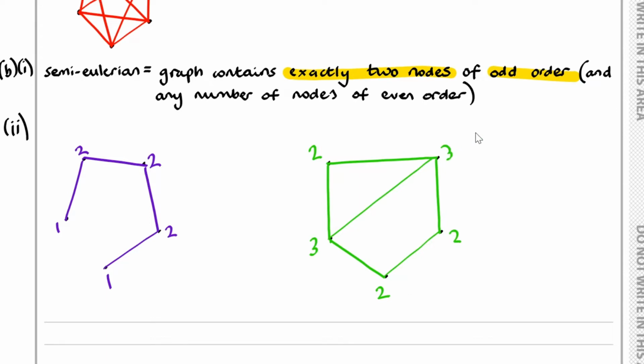And therefore we see that we have 2 nodes of odd order, and the rest are even.